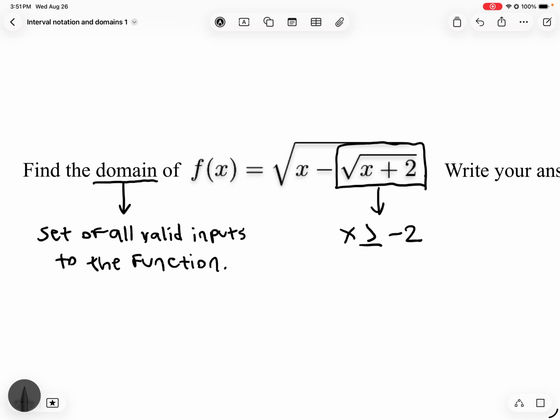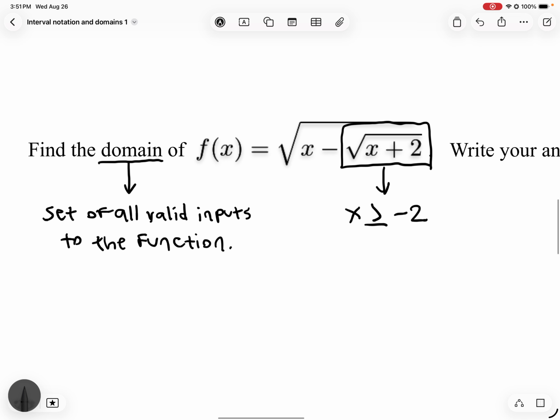Because if you had a lower value, like negative 5, you would have negative 5 plus 2, which is negative 3, and that's a negative number and would result in a complex or imaginary number, which we can't have for this real function.